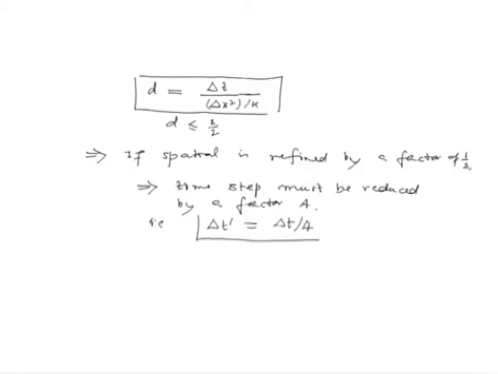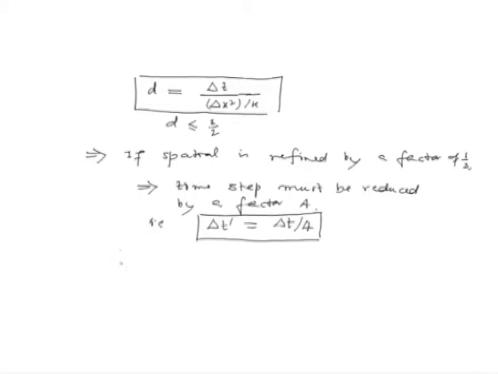So, that is a severe restriction, and that is the reason why this explicit Euler method is not suitable for problems for which we would like to reach the steady state quickly. This particular method we are going to retain or use only for the cases where we require a very accurate value of temperature at each time step, that is to say if we want a very accurate time history.